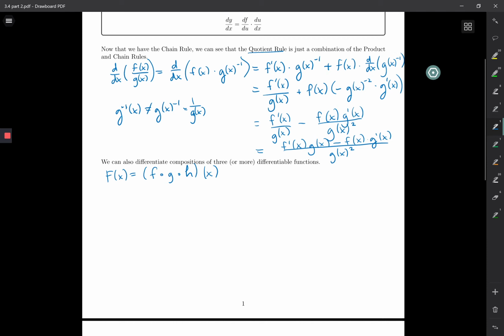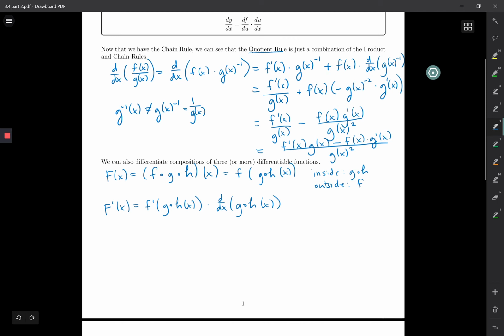First we could write this as f of g composed with h, and treat f as our outside function, and our inside function is g composed with h. We can use the chain rule, so the derivative would be f prime of g of h of x, multiplied by the derivative of g of h of x.